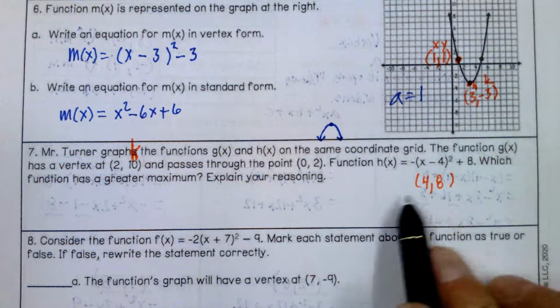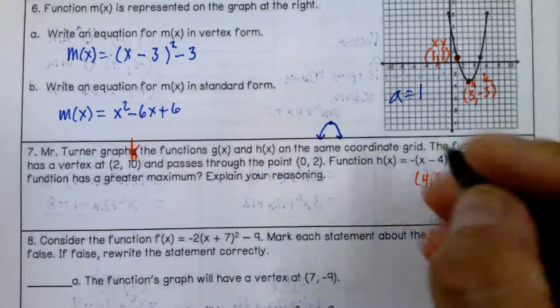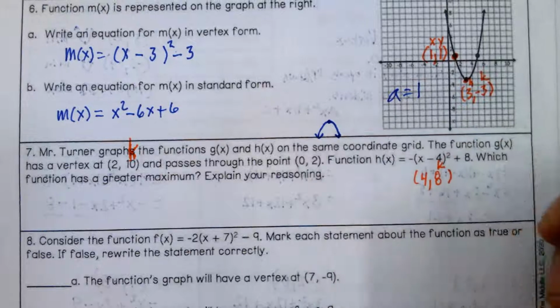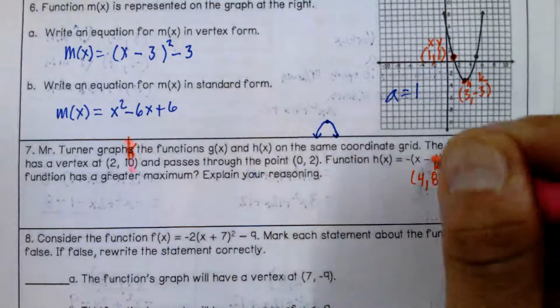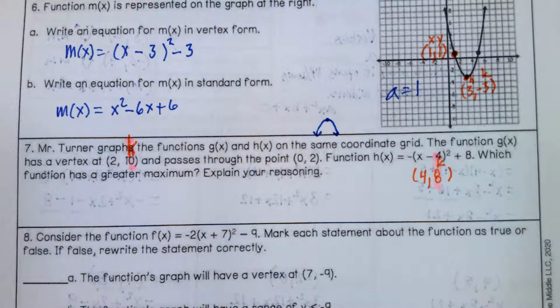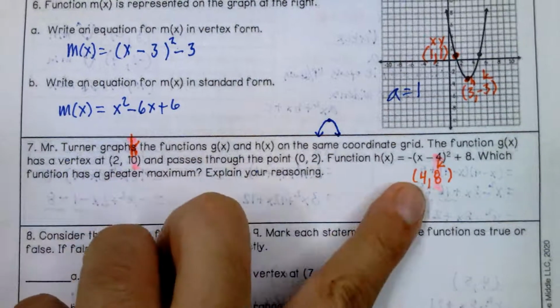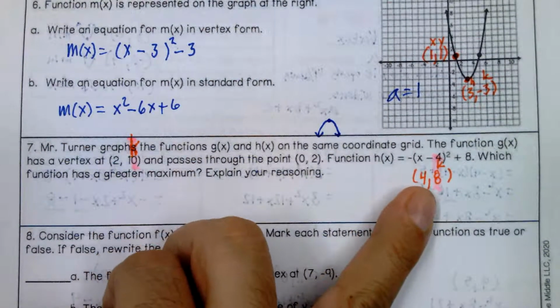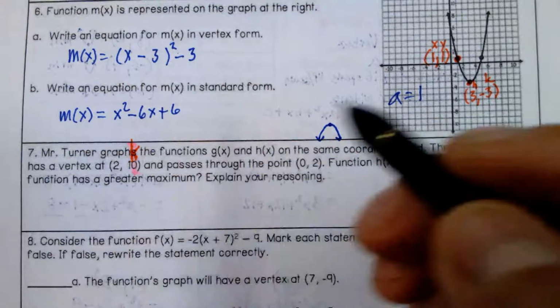What's the maximum value for this HK, for this vertex? 8. So yeah, we're always looking at these values. So we have g of x has a maximum value of 10. h of x has a maximum value of 8. Which one's bigger?